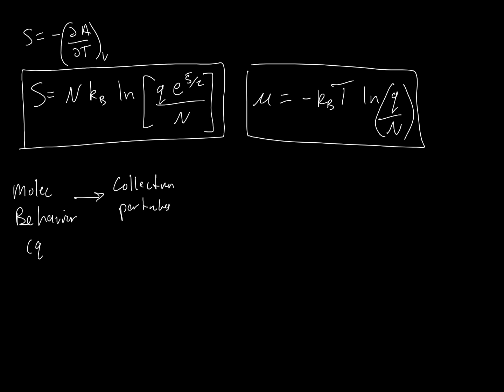In this case, this is big Q. We calculated the internal energy of the system, which was just e to the minus beta E_i times probability. It was just a weighted average of the energy of the system.